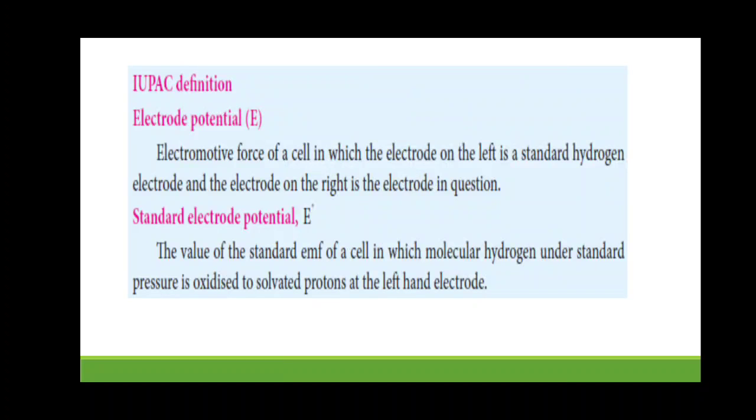Standard electrode potential, E naught, is the value of the standard EMF of a cell in which molecular hydrogen under standard pressure is oxidized to solvated protons at the left-hand electrode.